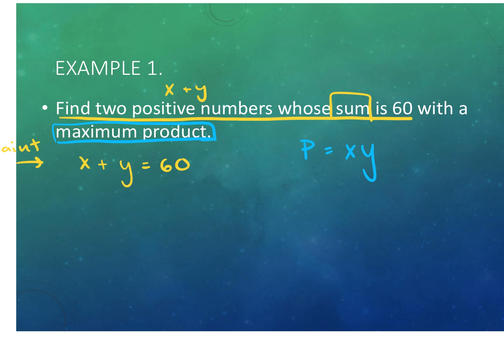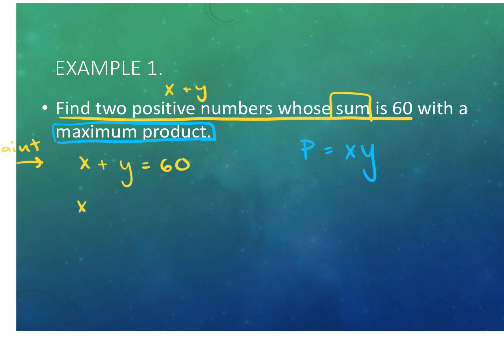Now, since we're looking for maximum here, this is what we're going to be taking the derivative of. But before we take the derivative, we just want one variable in this equation. So I'm going to go back to my constraint and solve for one of my variables. It doesn't matter. You can solve for x or you can solve for y. I just want one of them all by itself.